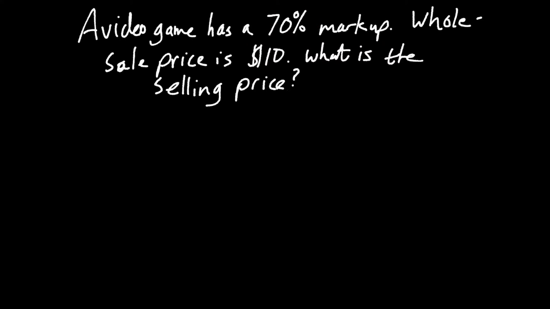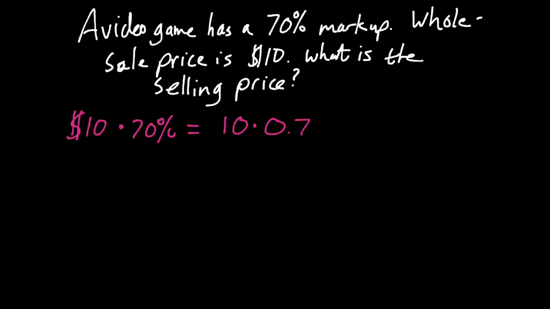Well, just as we've done in the past couple examples, the first thing I need to do is figure out what is 70% of the wholesale price. So I'm going to have $10 times 70%, which means we have 10 times 0.7.